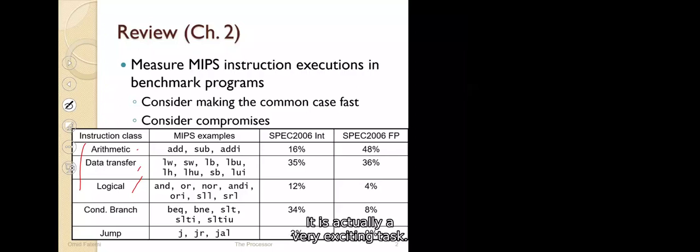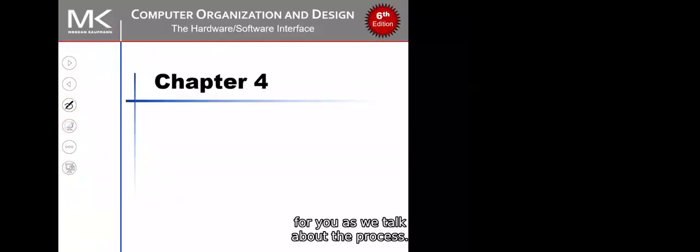That's what we are going to do. It is actually a very exciting task. I hope that you enjoy it, because you are going to build the MIPS processor, and it is the machine that executes all of the instructions. You write the code and give the code to the machine, and it executes. I think it is very exciting. That's exciting for me, and I hope for you also.